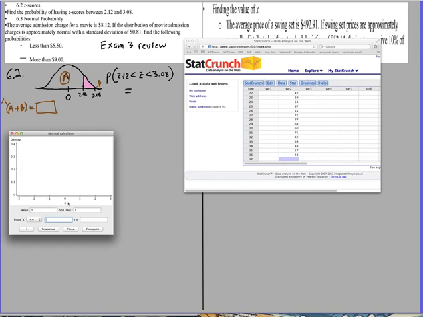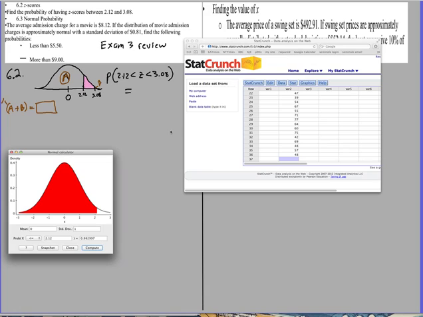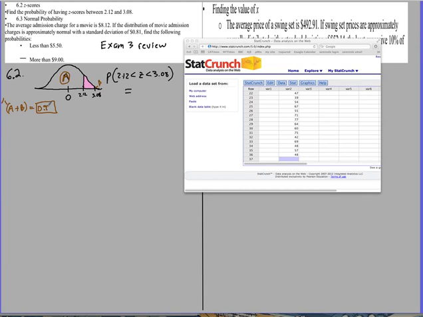And I want to do 2.12, but I want that to be less than. Compute. Okay, so that's the area there. It's going to be 0.983. That's my A.